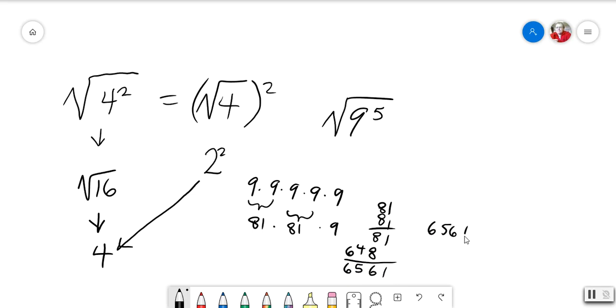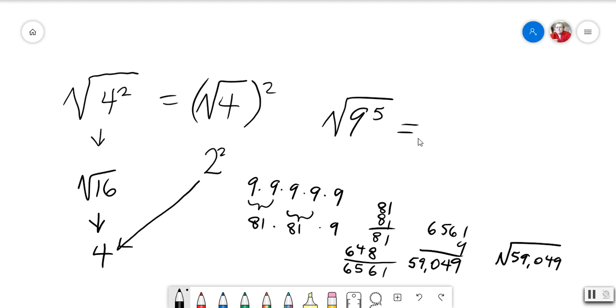You see where this is going. It's not fun. 59,049. And trust me, people, you don't want to do that. Not fun. Although with a calculator it wouldn't be that bad, but still.